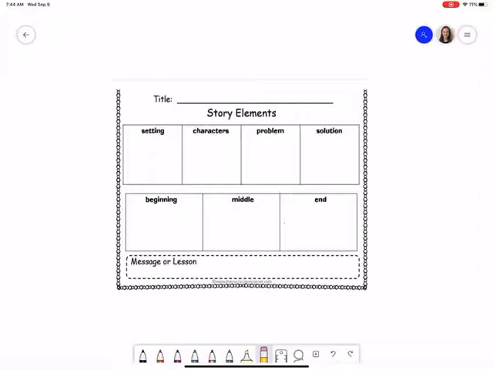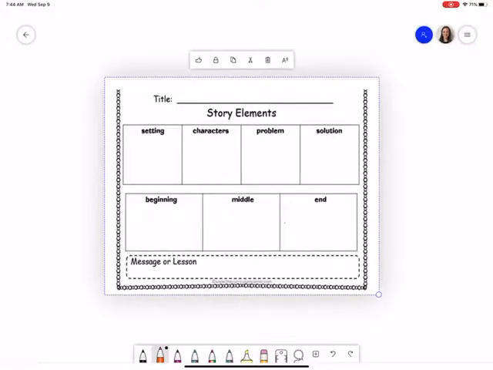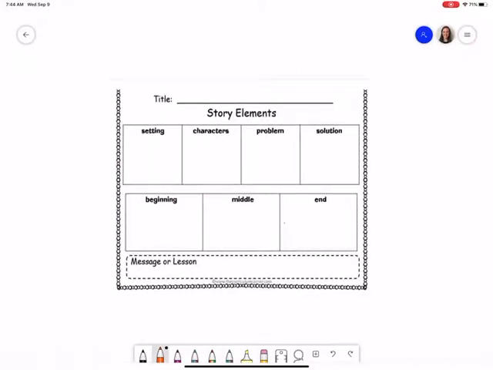So today we are going to discuss the story elements, what needs to be in your narrative writing. Okay, so here are the different things that your narrative writing should have. It should have a setting.